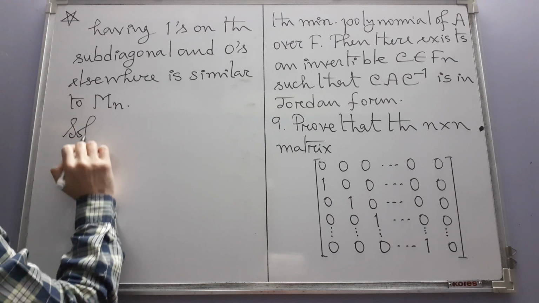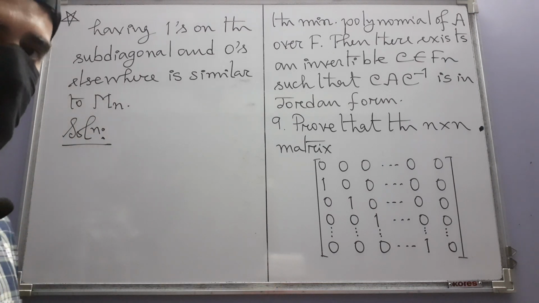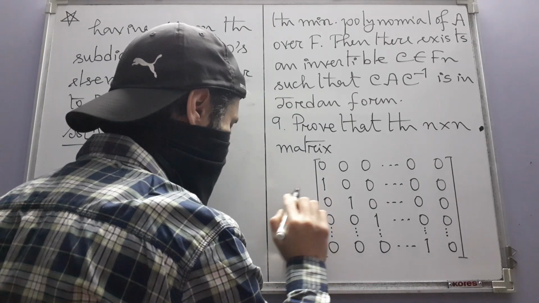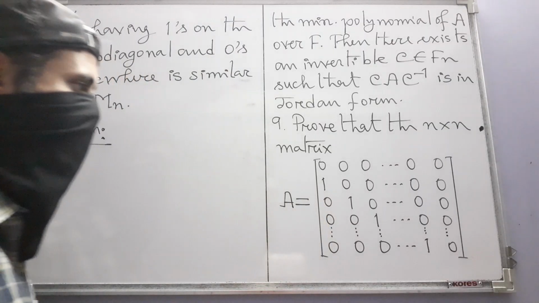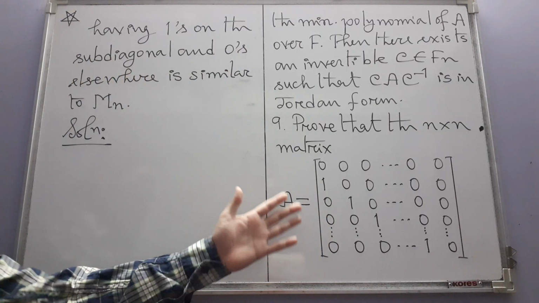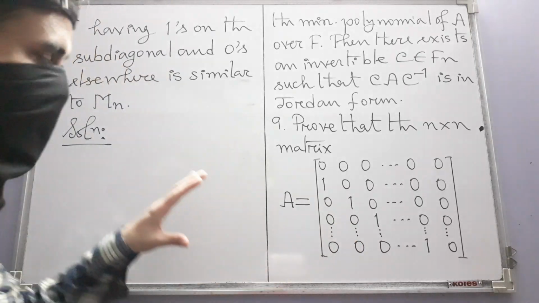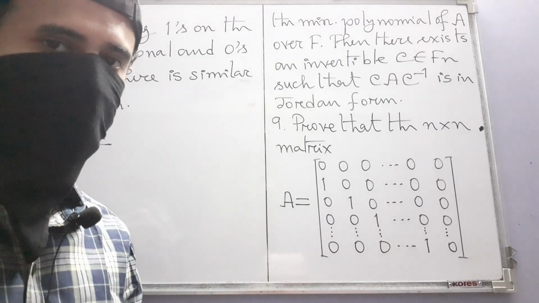You just have to know the matrix that will give this similarity. In fact, for our writing convenience, let's give this matrix a name. Let us call this, say, A. Since in the question it's not given any name, when you start the solution you can write let A be the given matrix.